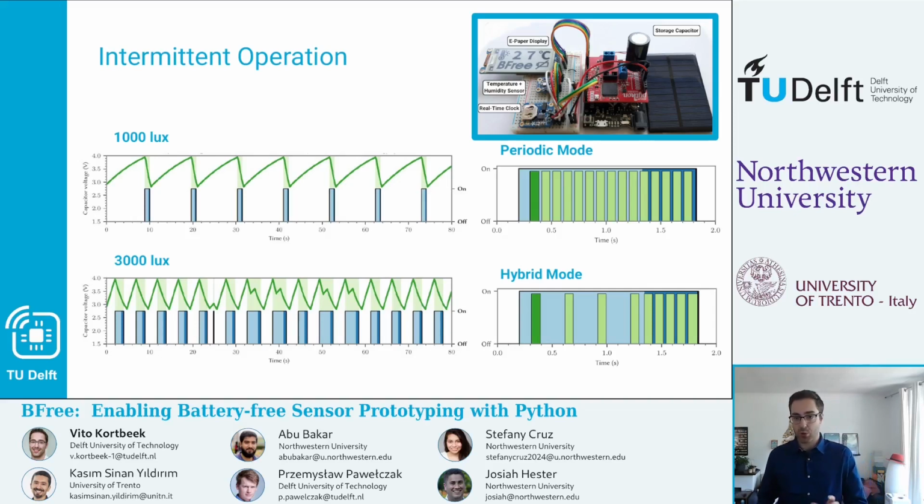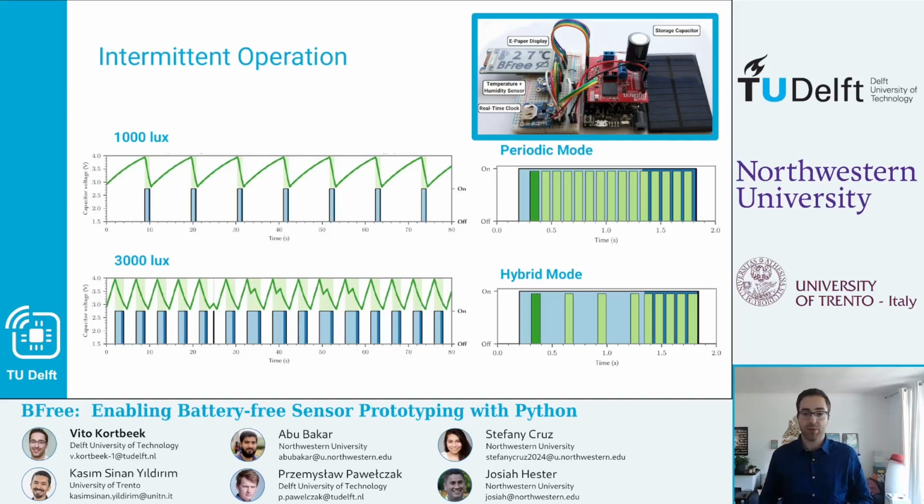If you look on the right, we zoom in on one of these blocks. The blue in general is executing. Light blue is when it's normally executing, and dark blue means that it reached a certain voltage threshold, so it's close to having a power failure. This is all configurable in the software, but optional. The top one is a periodic mode, and you can see it is very over-provisioned with checkpoints.